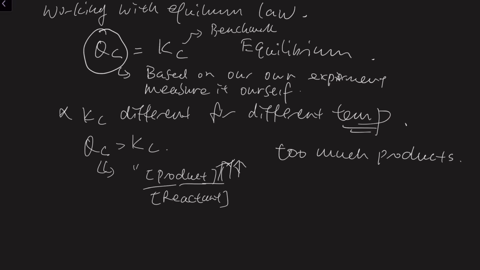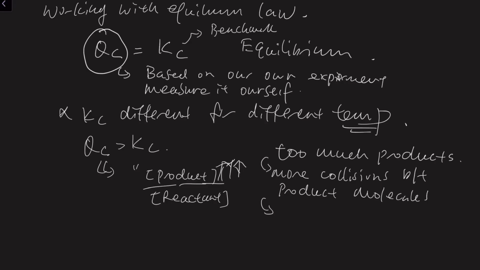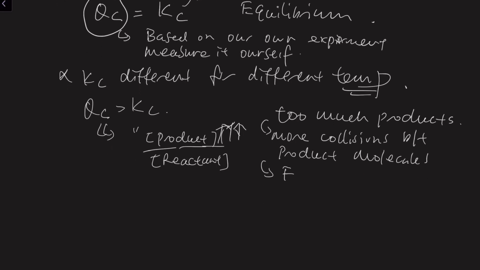What happens when you have too much product? You have more collisions between product molecules. So you actually favor the reverse reaction.